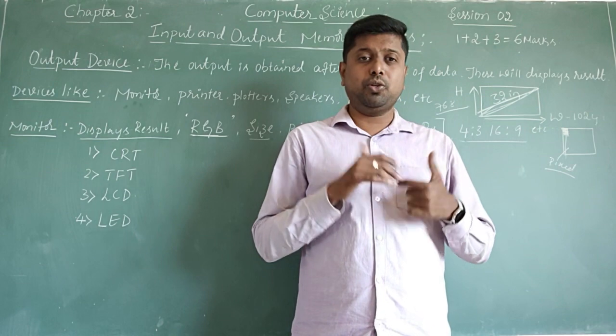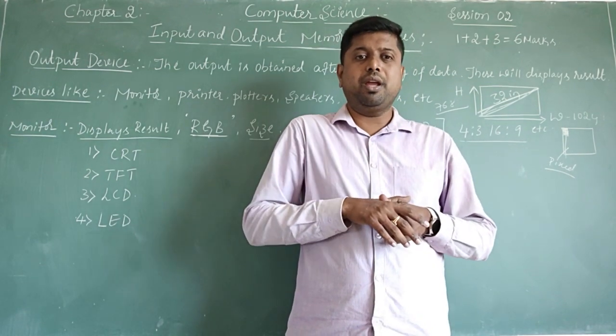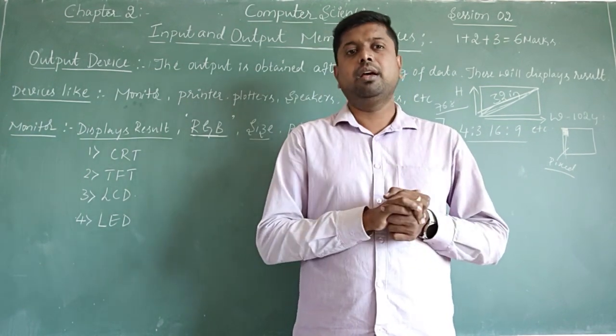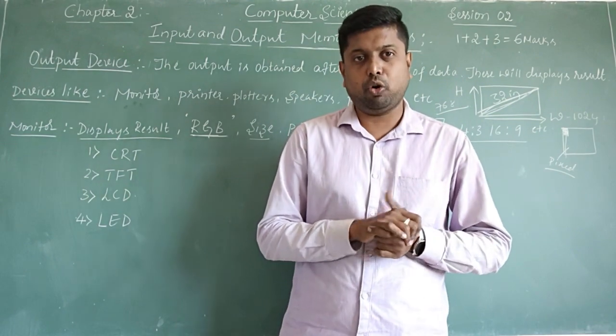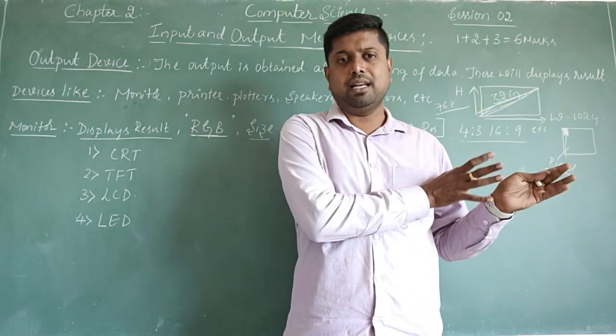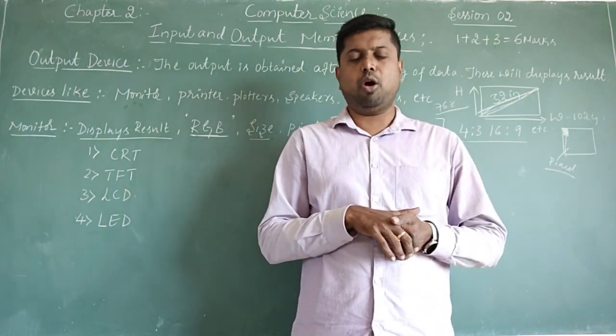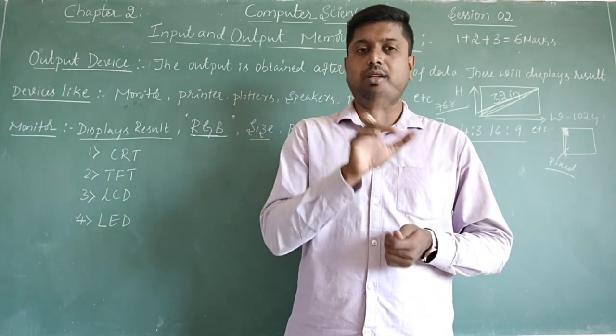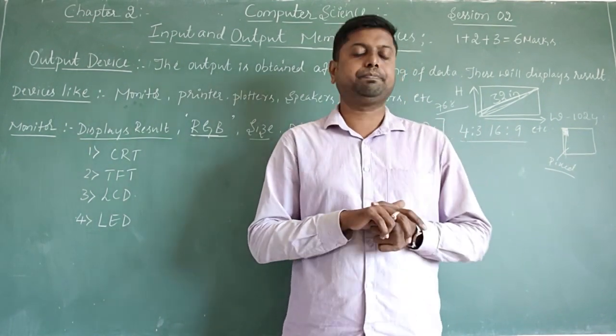That's why TVs or monitors that work in black and white are called monochromatic. Chromatic means color, mono means single, so monochromatic. Black and white TVs only have black and white colors.